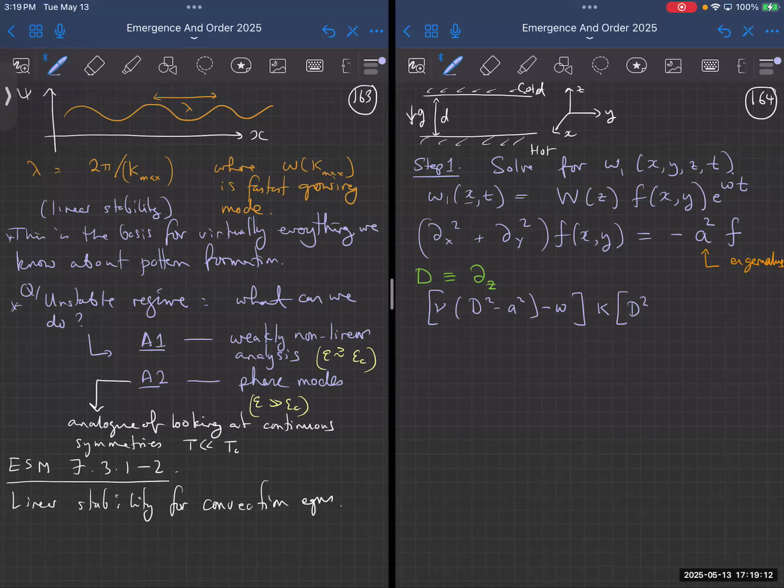I'm going to check that the equation I have there is correct. Give me a second while I pull up my more detailed notes. Okay, this equation isn't correct.